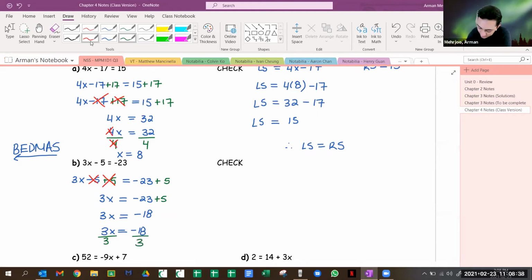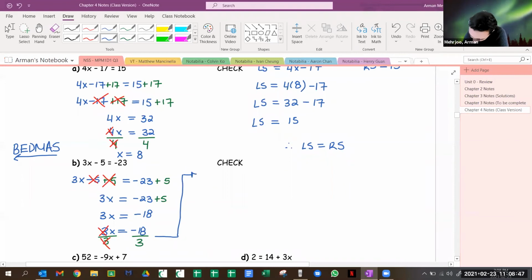And I got to make sure I do that to both sides. 3's are going to cancel. And I'm just going to show that I'm doing my work here because I ran out of space. X is equal to negative 18 over 3. And that's the same thing as negative 6. Let's do our left side, right side check.